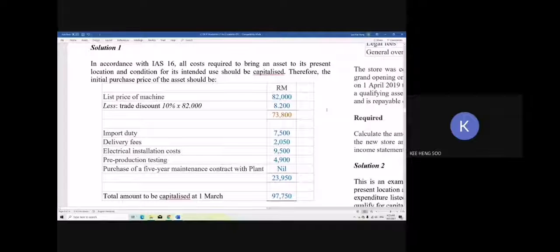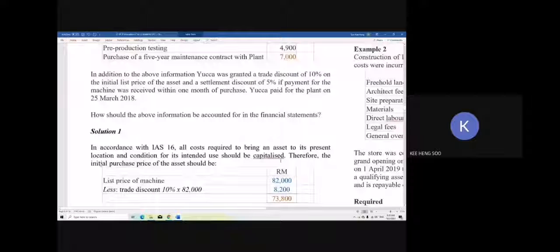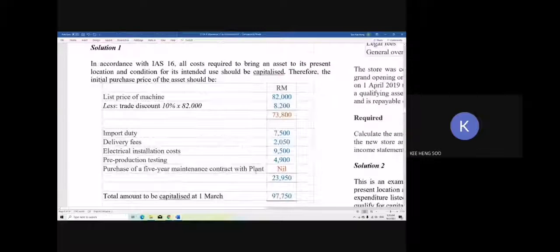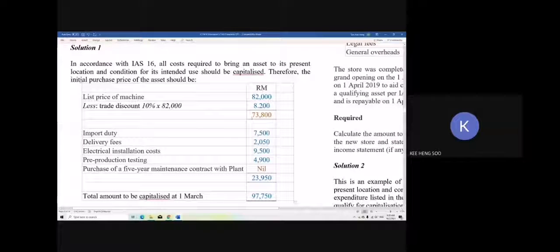There's a settlement discount. Have you taken down already? Okay, remember the 73,800 is the net invoice price.